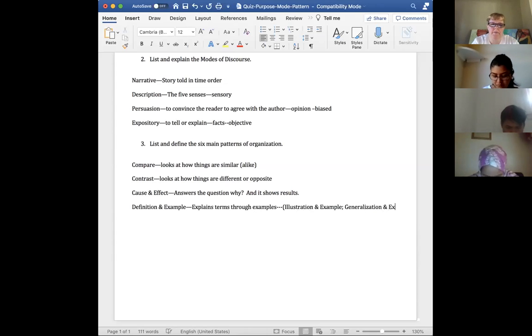So basically, what this does is it gives examples to explain anything, really. To illustrate something, to generalize something, or to define something. So whenever you see examples trying to explain anything, that is a definition and example pattern.